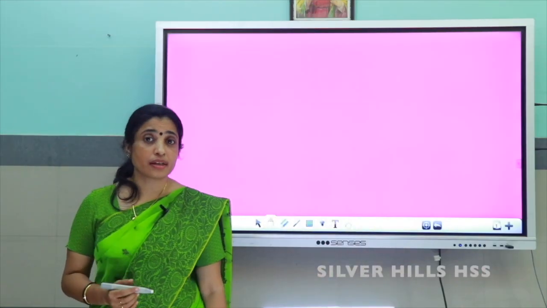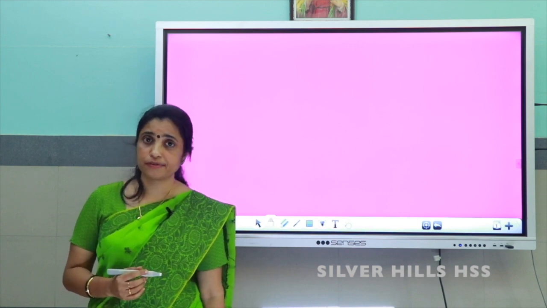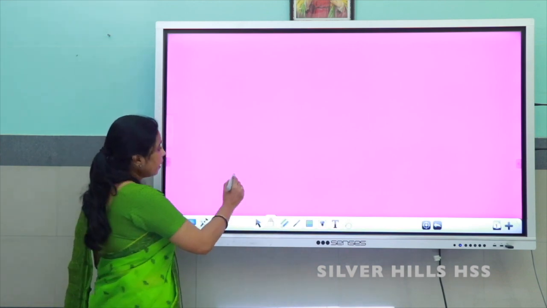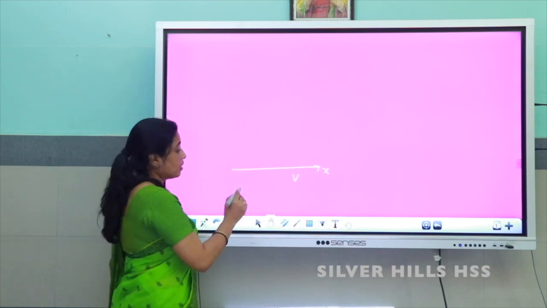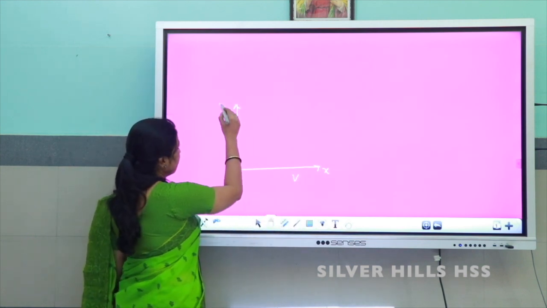Now let's try to plot this on a graph. Along the x-axis, let us take the potential difference, and along the y-axis, let us take current.